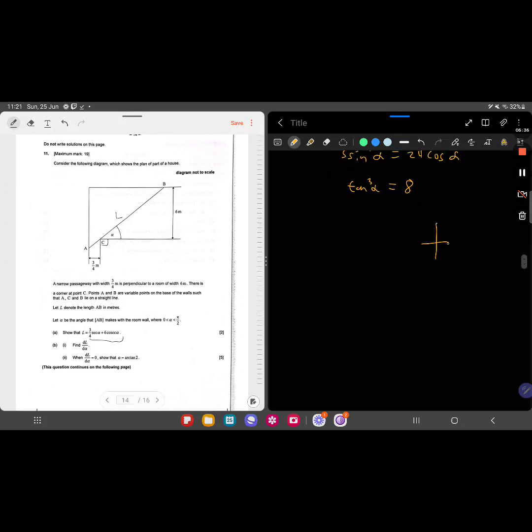So tan is going to be positive, the angle is positive, so the value is going to be positive. So tan alpha has to equal 2. Therefore alpha equals arctan 2. Okay, that's done.